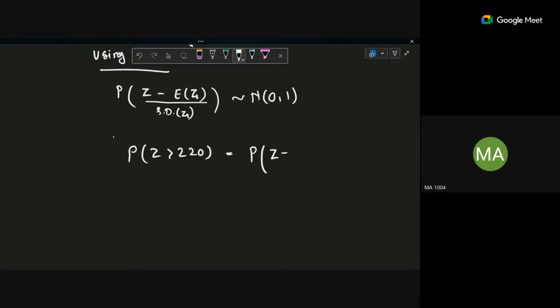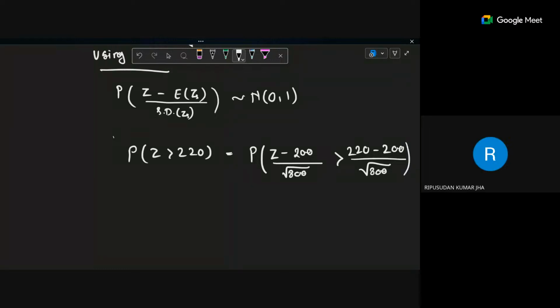What was the expectation? 200. And the standard deviation is root of 800, which is 28.28. So we need z minus 200 divided by square root of 800 to be greater than 220 minus 200 divided by root 800.